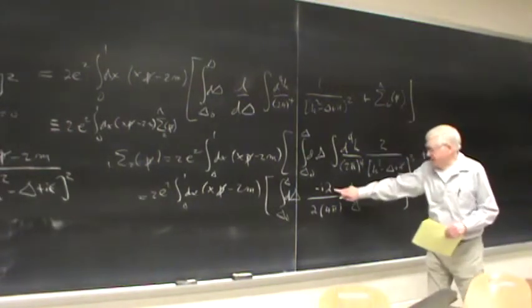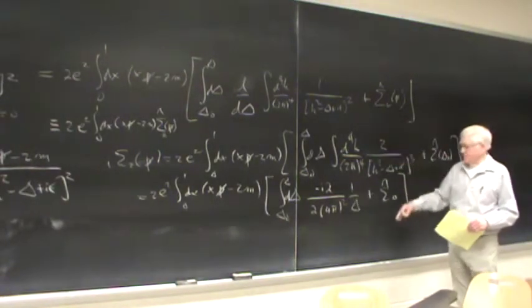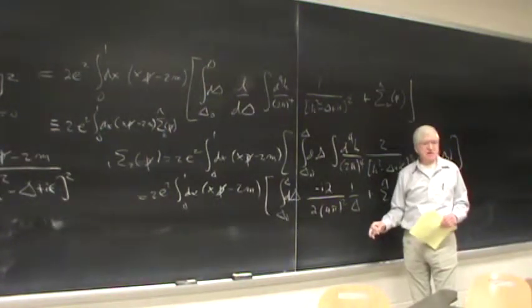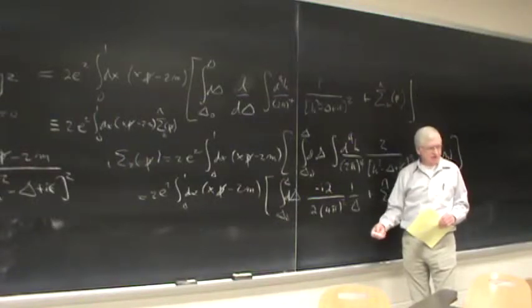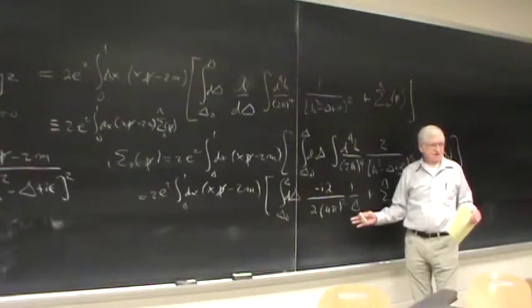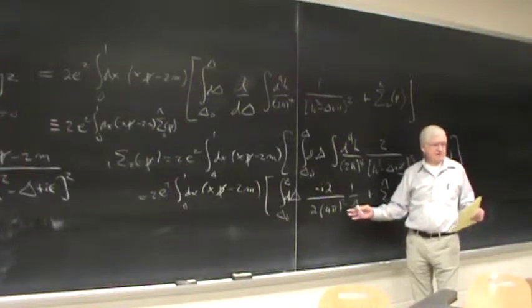This 2 is that 2. The integral is minus i over this. So I'm using the integrals that we use in dimensional regularization, but I'm just setting, in this case, d equal to 4 directly because the integral is finite.